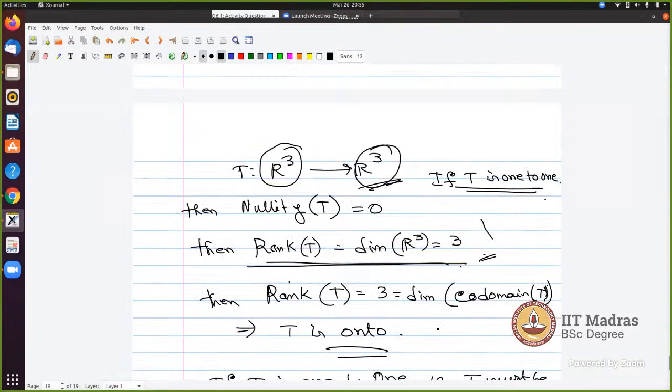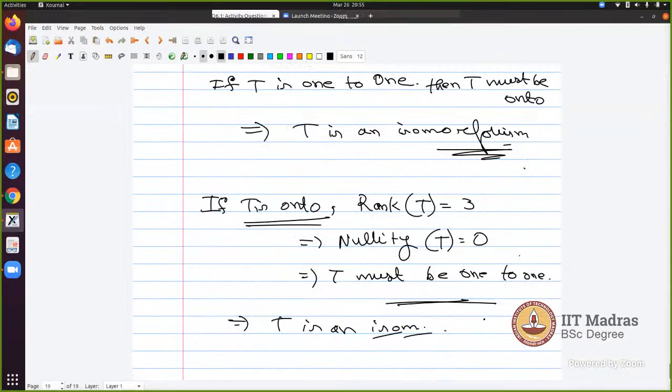But sir, even two elements can be mapped to the same element in the codomain, right? So in that case, it is also onto, but not 1 to 1, right? Like for example, in R3 to R3. No, R3 to R3 it cannot happen.